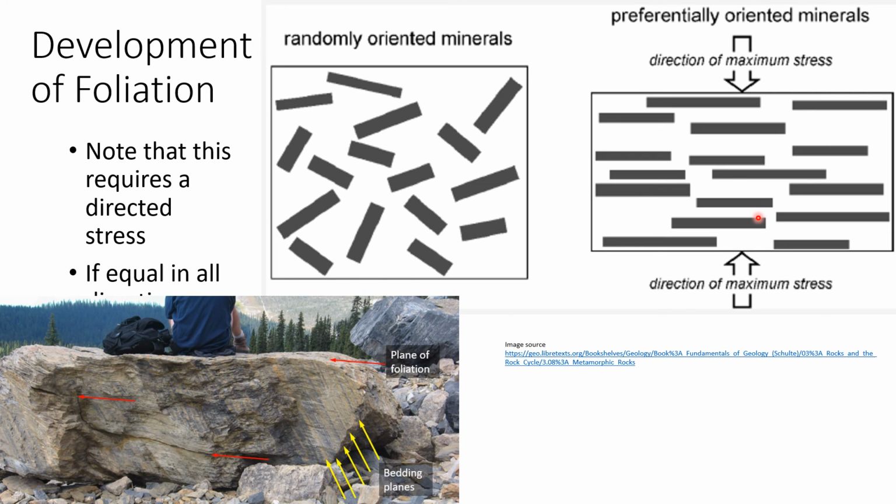Now, I want to be careful here and not make you think that all that's going on is that it's reshuffling these. Remember that we're talking about recrystallization. So it may be that this mineral right here is not exactly this mineral right here. It may be that the individual silica tetrahedra and the individual, let's say these are biotites, and the individual iron cations, all the individual pieces that make up this mineral might really be sort of dissolving.